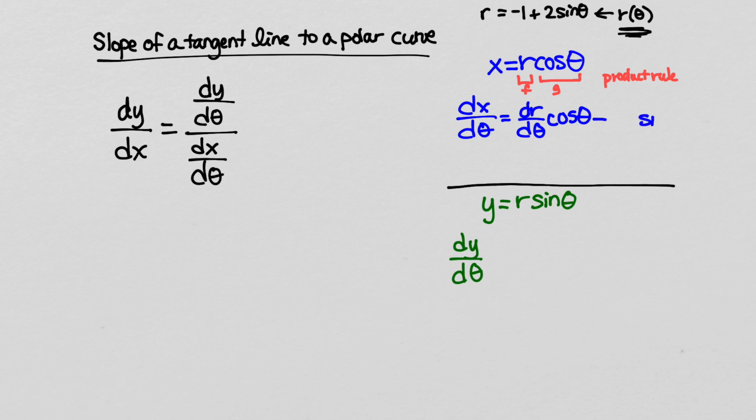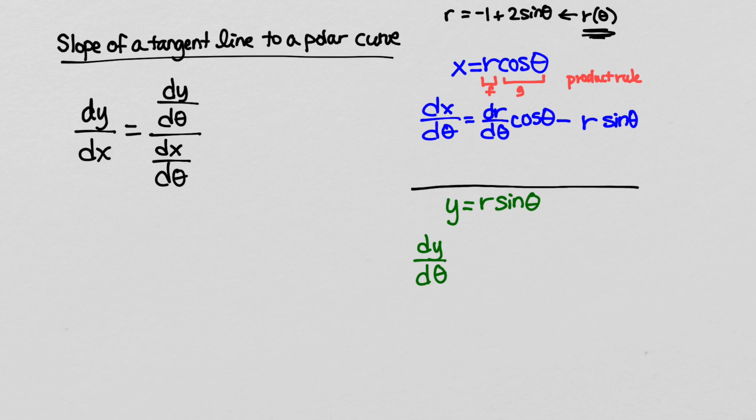Negative sine. So if x equals r cos theta, then the derivative of x with respect to theta is dr d theta cosine theta minus r sine theta. Does that make sense?